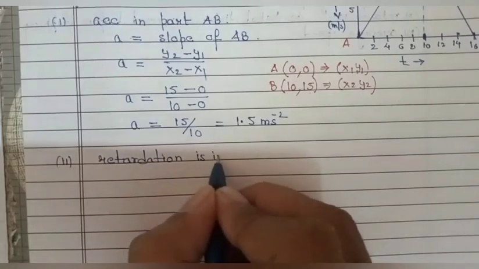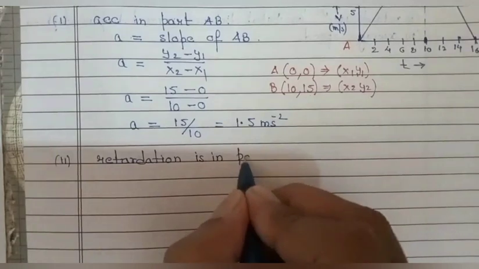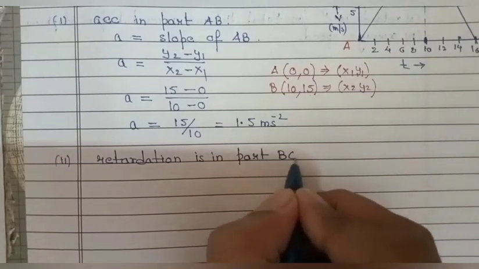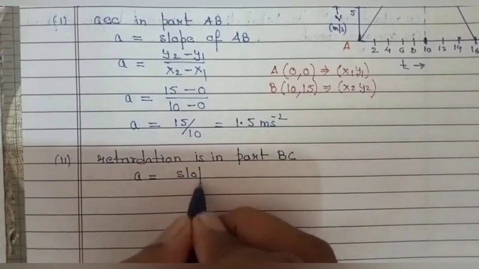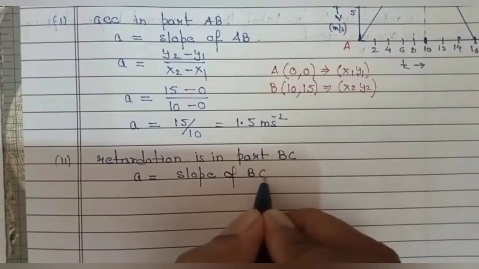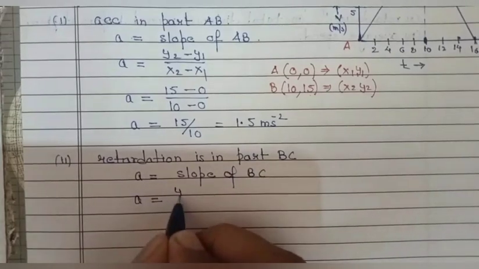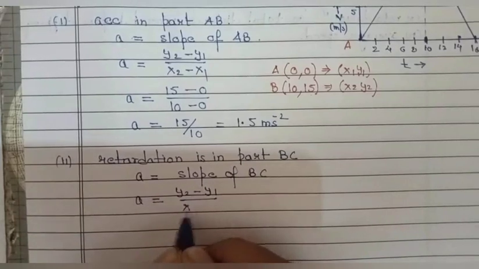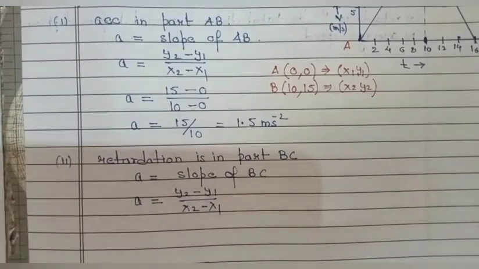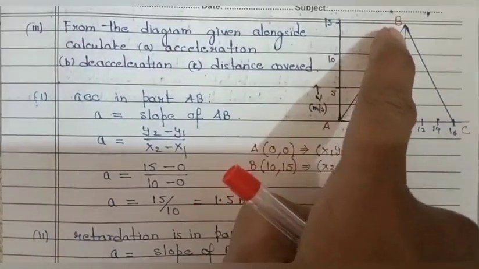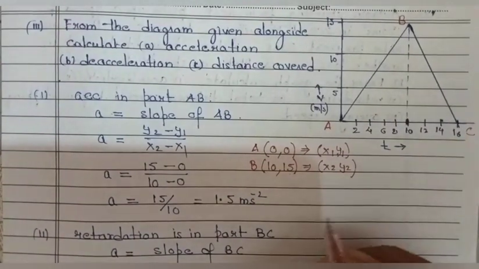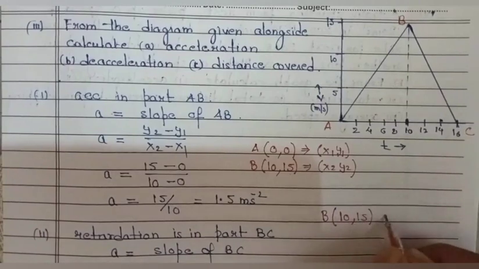Again we need to calculate the slope. The formula remains the same, y2 minus y1 upon x2 minus x1. Now for part BC, B will be the first point and C will be the second point. The first point B has coordinates 10, 15. So the first point coordinates will be termed x1, y1.